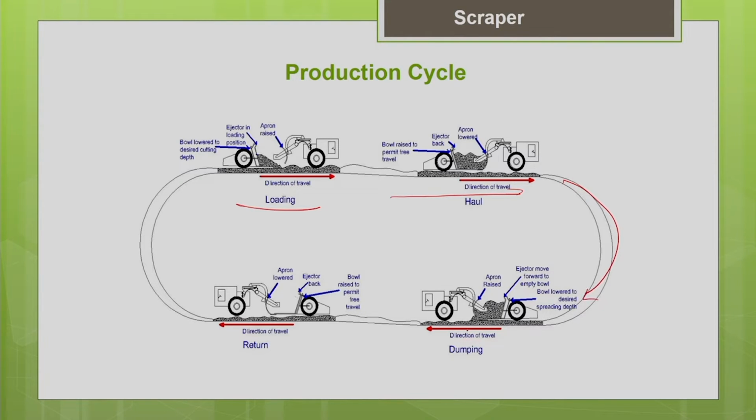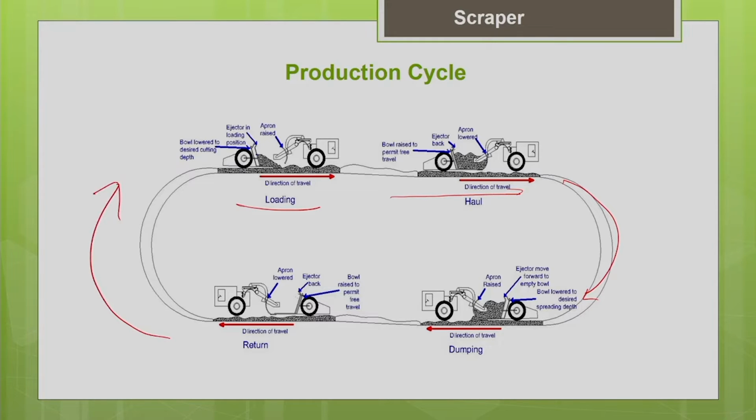It varies from project to project; in some cases it has to dump and then make a turn, depending on your project site constraints. Here it is turning, then dumping in the dump or fill area, and spreading it to the required thickness as needed. Then, when the bowl is empty, it does a return haul in the unloaded condition, turns again, and gets ready for the next cycle.